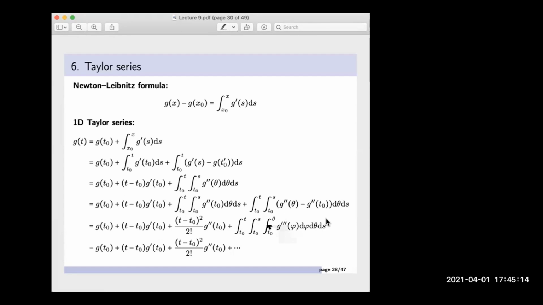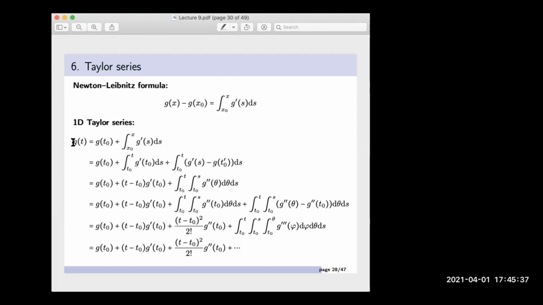So it's a smaller term. So let's omit this cubic term. Let's only consider the first three terms: constant term, linear term, quadratic term, and the higher order term that we omit. That's called Taylor series.